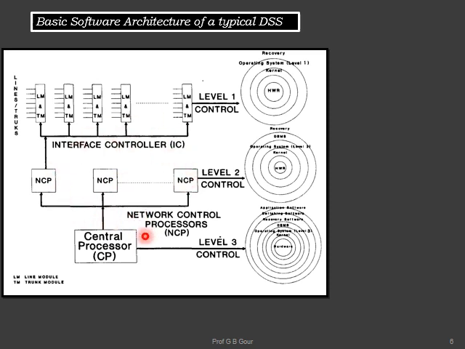Depending on that, this may be a simple CPU, or a workstation, or a server, or a supercomputer. And the load on the operating system goes on increasing when you come from level 1 to level 3, because if one of the NCPs fails, or one of the LMs or DMs fails, everything will be borne by the CPU now.